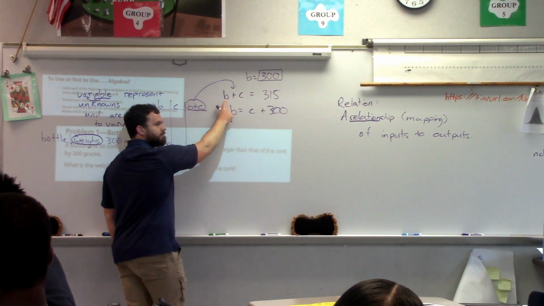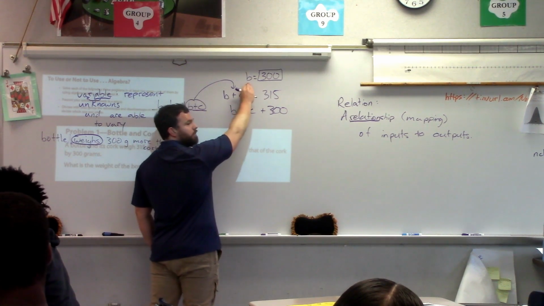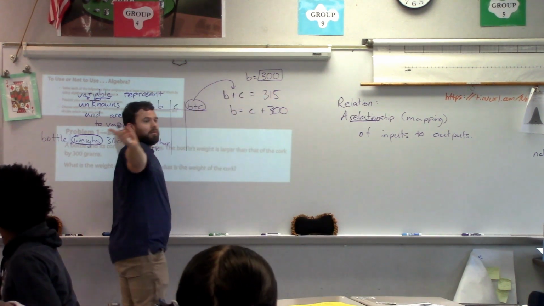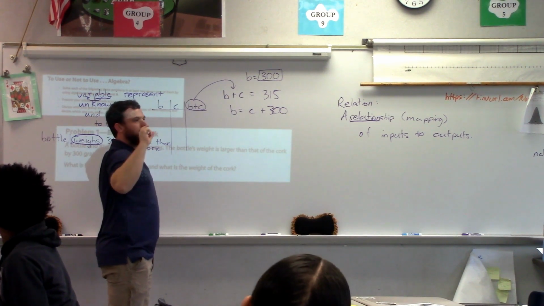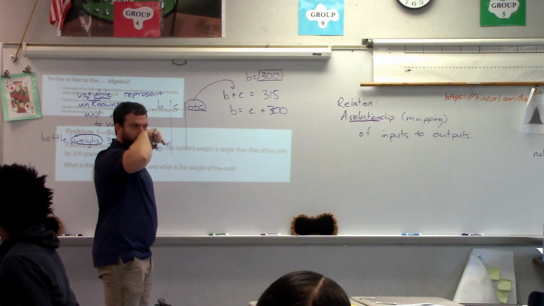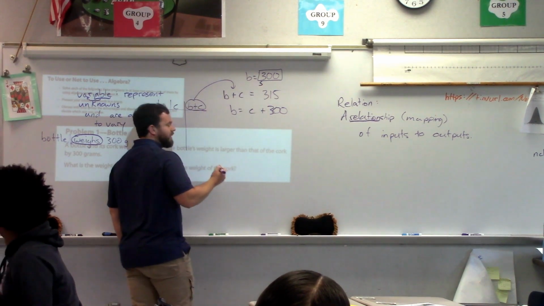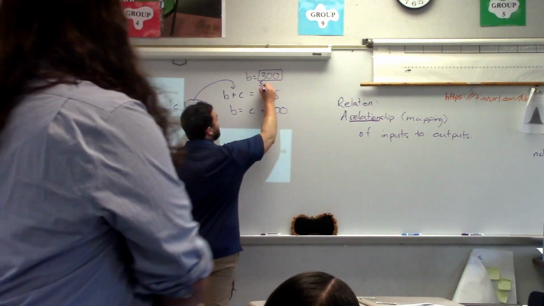If I were to say the bottle is 300, does anyone know the more mathematical term than just replace the B with 300? It's an S word. Say it again, I heard it.